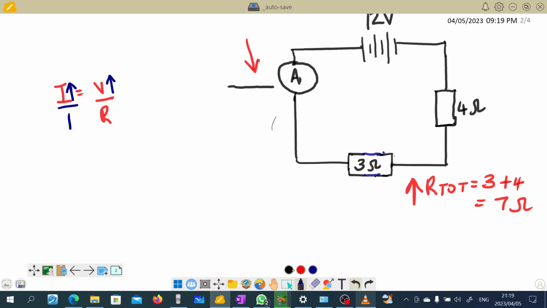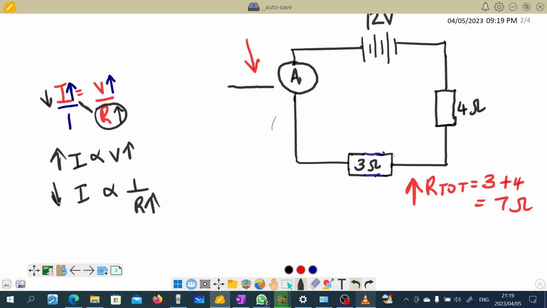But if you increase the resistance, the one that is in the denominator, then the current will decrease, because the current and the resistance are inversely proportional to each other. If this one increases, this one decreases.